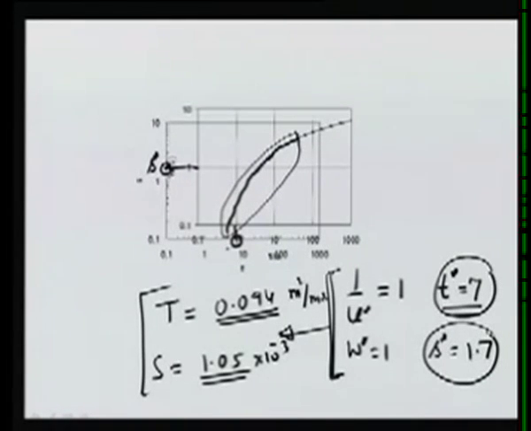For example, the value here and the value here, there may be some approximation involved in reading these values, which may cause some deviation of the values. For example, this shows about 6% error, this shows about 5% error, but for most groundwater practical cases 5%, 6% error is tolerable, so this method can be used.